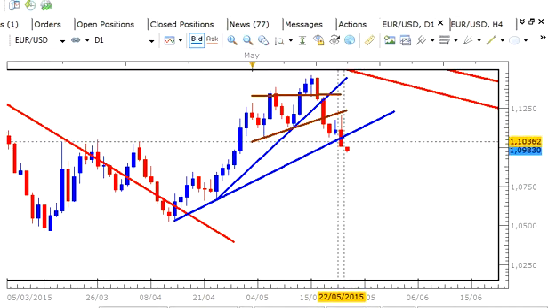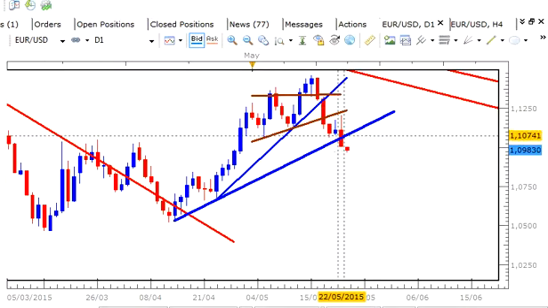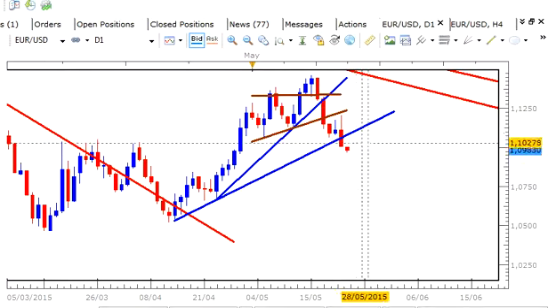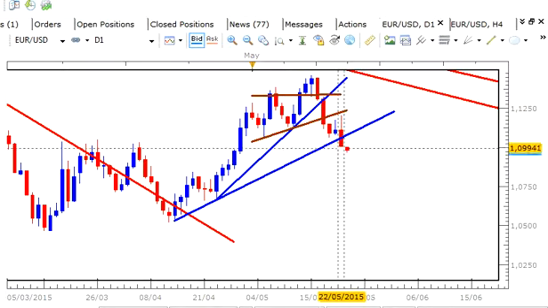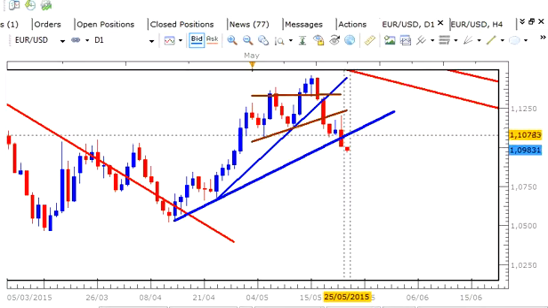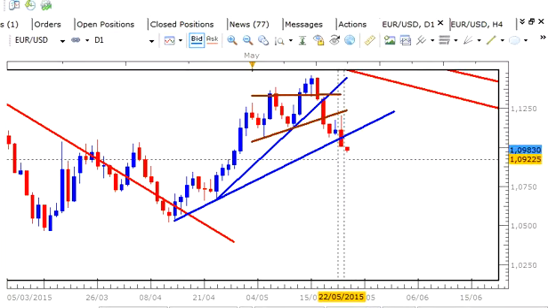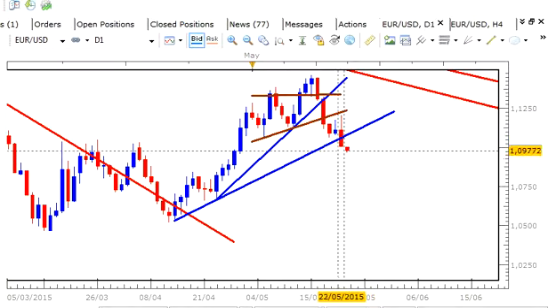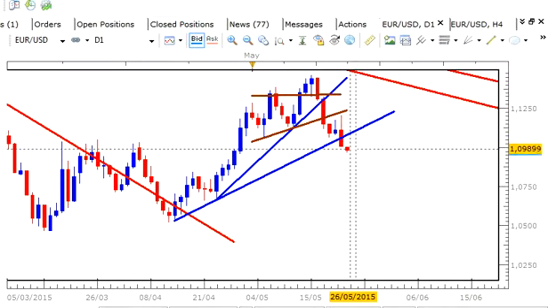This breakout below the outer uptrend line is still not strong enough for us to justify an entry short at this period of time. We will need to see a stronger candle below this area over the next couple of days to justify an entry at this area here.